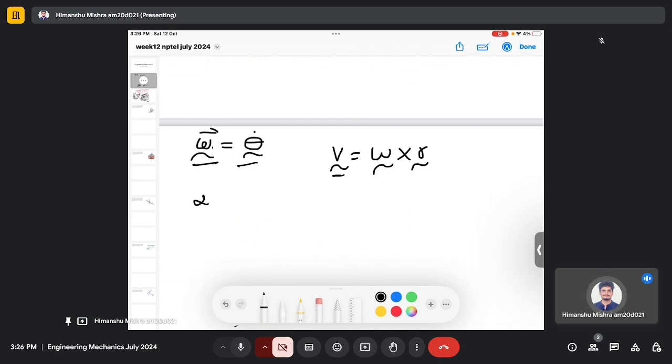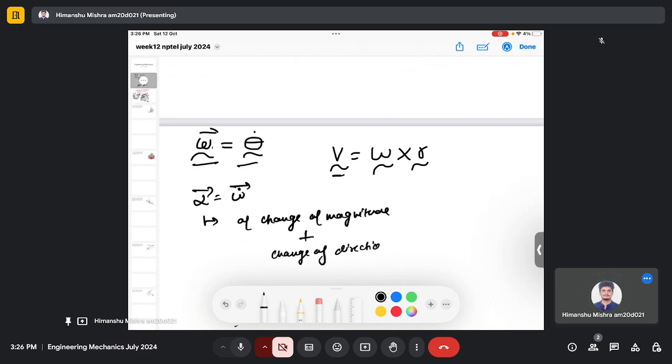Similarly, the angular acceleration can be defined as omega dot. So this is my angular acceleration alpha, which takes into account the change of magnitude plus the change of direction of omega.